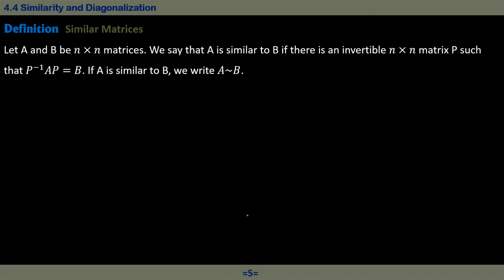Okay, now let's start with this definition, similar matrices. Let A and B be n by n matrices, square matrices.